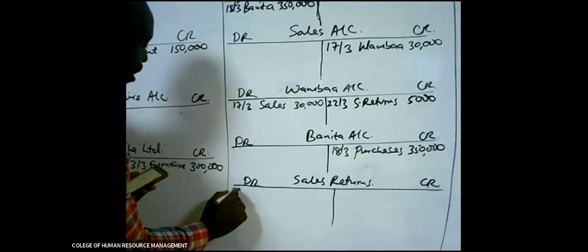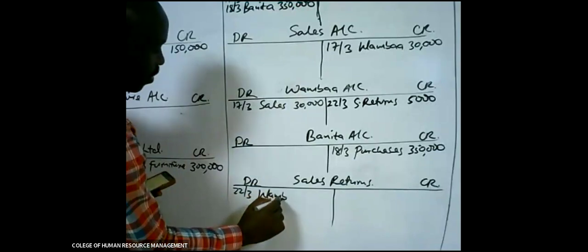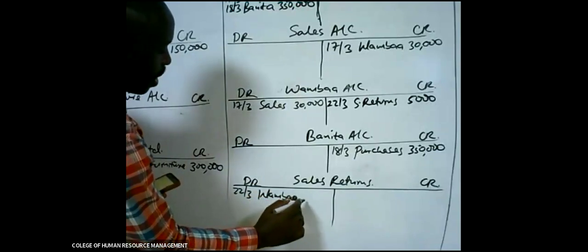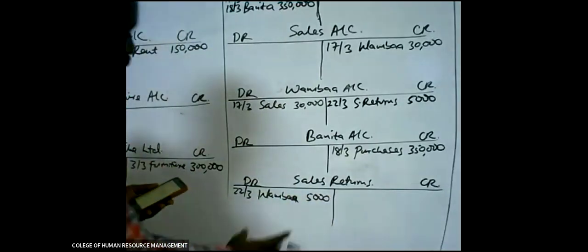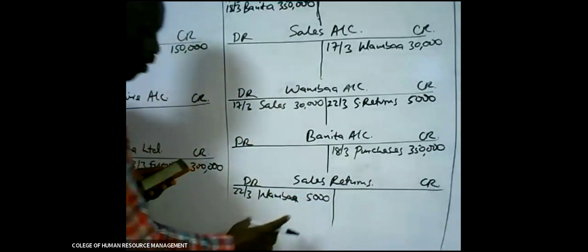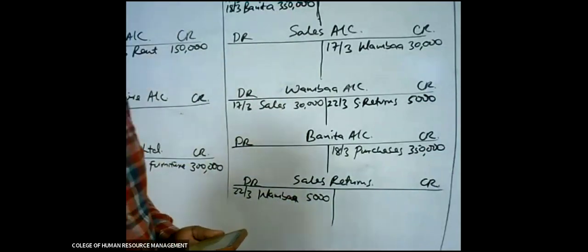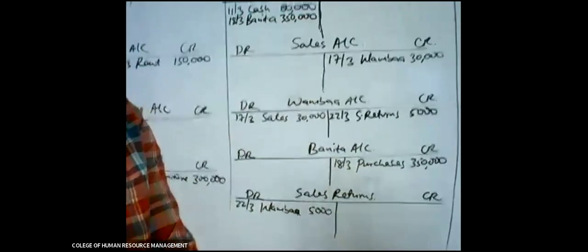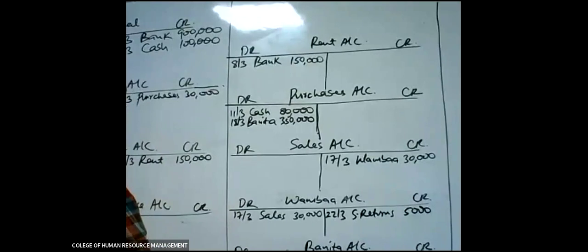So on 22nd of March, we have received some goods as sales returns from Wamba of 5,000. If another one returns, we record it here. That is how we deal with it. When the customer returns the goods, debit sales returns, credit the customer.